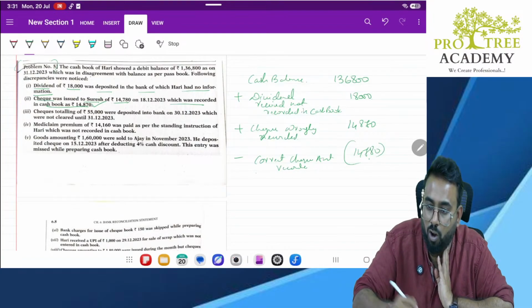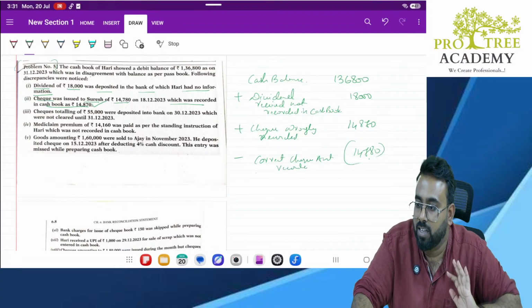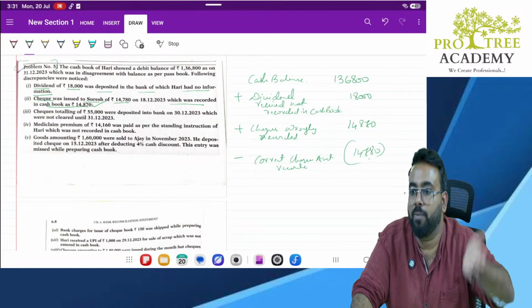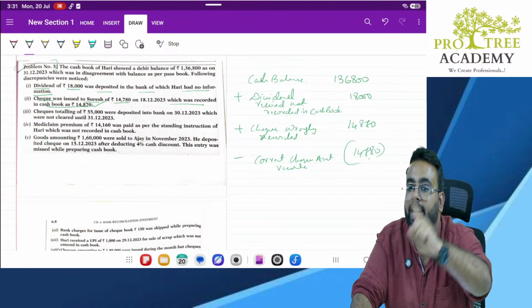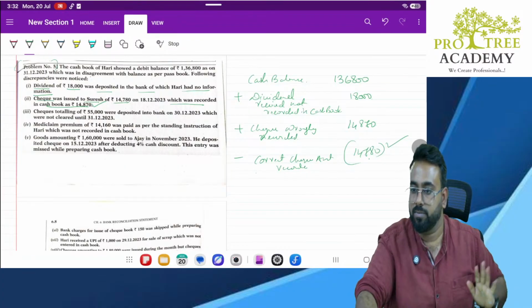Sir, this was the wrong amount I had recorded. That means I have reduced the balance by 14,870, which is not correct. So now I added it back and made the balance go up. Now how much is the correct payment you should have recorded? 14,780. That I am recording.